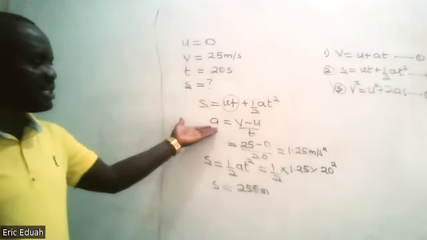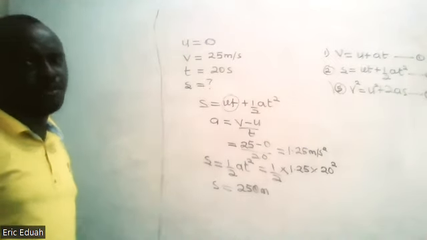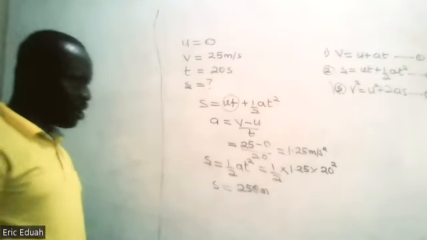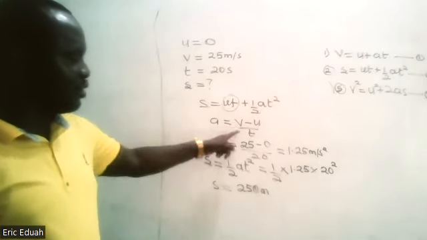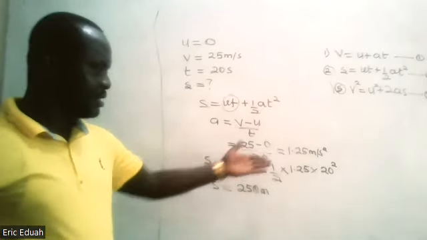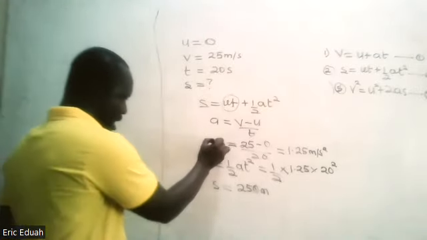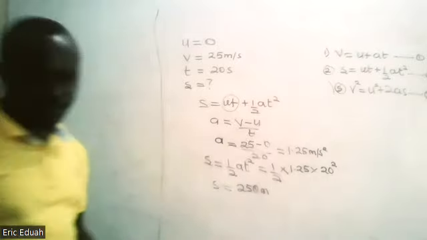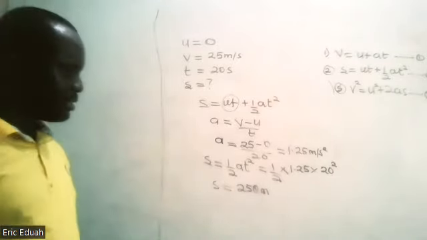So you have to make acceleration the subject from equation 1. a will be equal to v minus u all divided by t. Knowing v, knowing u, knowing t, substitute them into the equation and you have acceleration a equal to 1.25 meters per second squared.